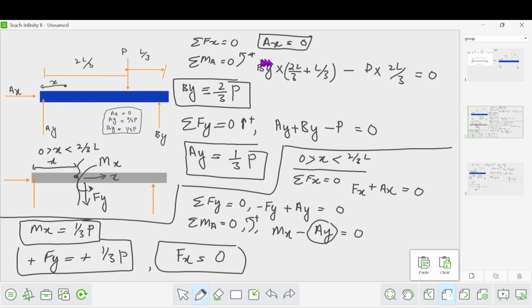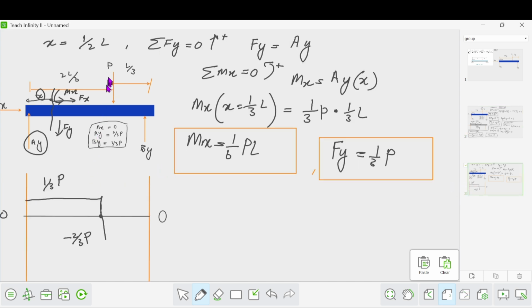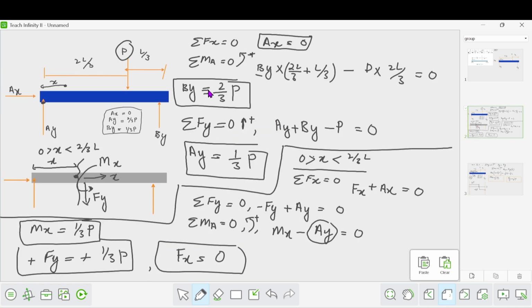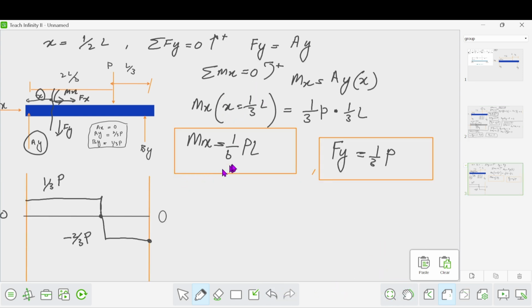So this is Ay here, and this is negative 2 divided by 3P. There will be force P, and here also this force is P, which is 2L divided by 3P. And from here to here, this is positive, 2 divided by 3P. So this is the shear force diagram.